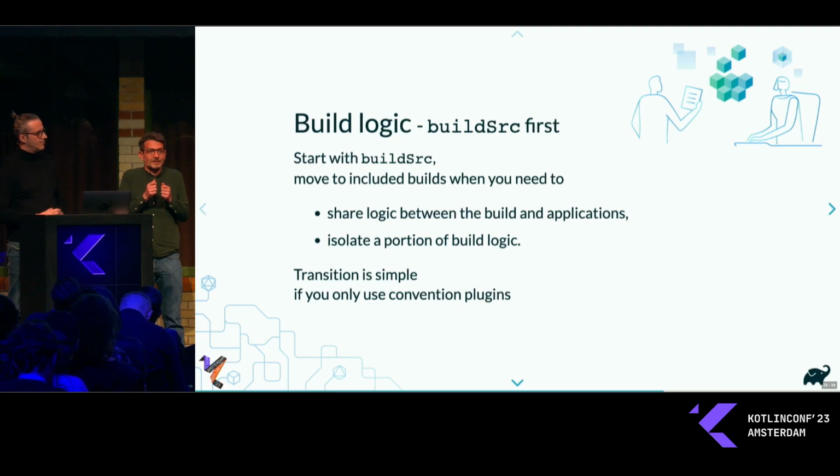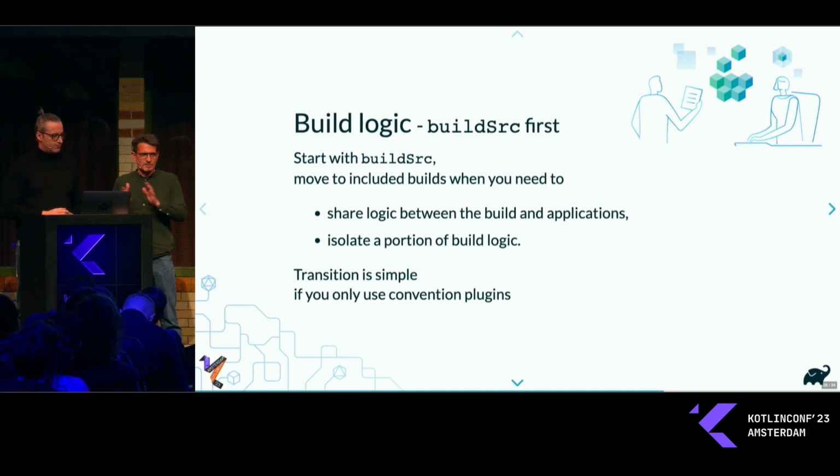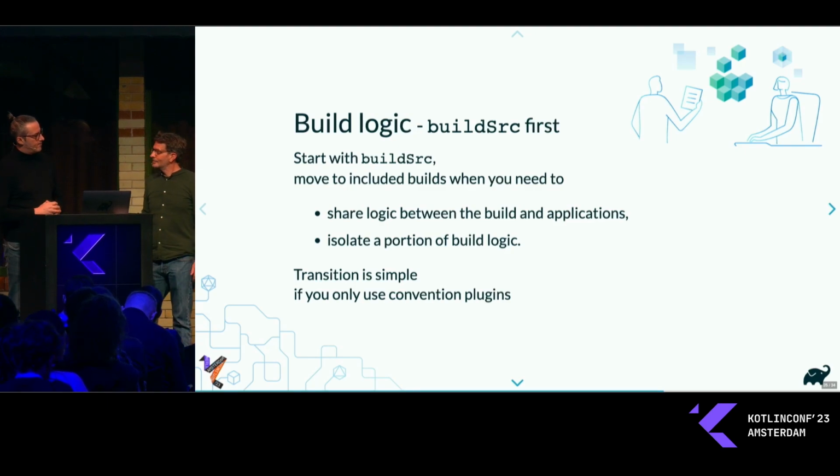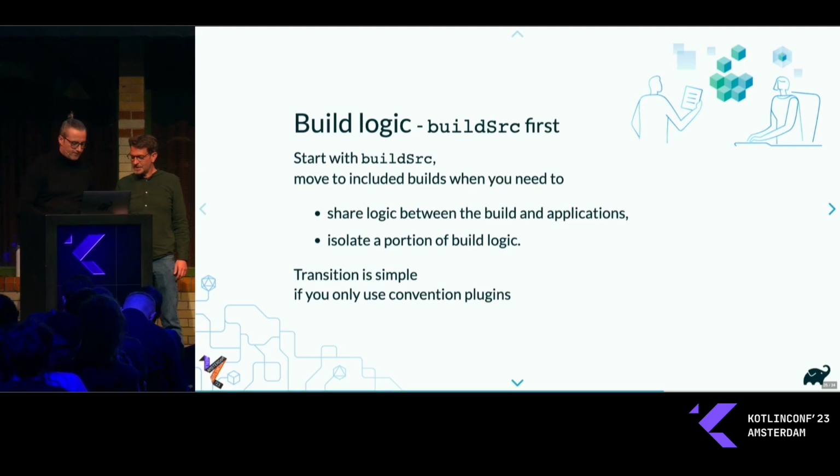If you start from the build script, importing direct members, like you have a const and you use that const directly, then you cannot transition to included build without declaring dependencies with the build script. It gets messy. So use convention plugins only with BuildSrc, and you'll be fine if you need to transition to something more complex later. It does get messy. Yeah.